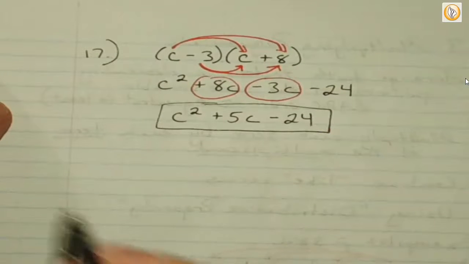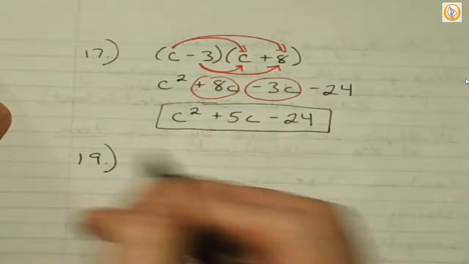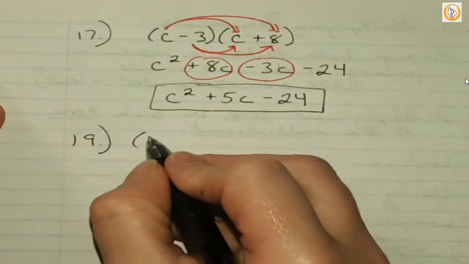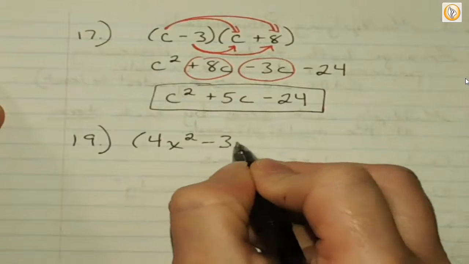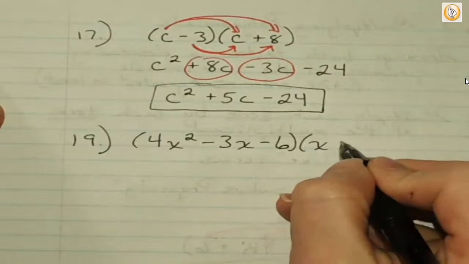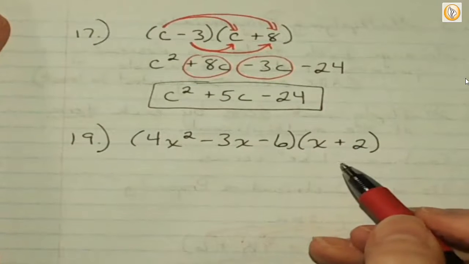I got one more for you. Number 19. 4x squared minus 3x minus 6 times x plus 2. Okay, now notice the smaller ones on the right.